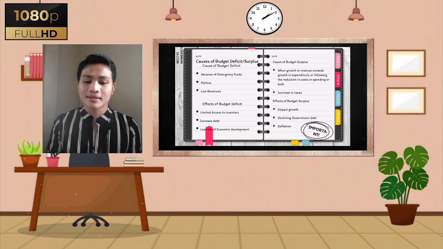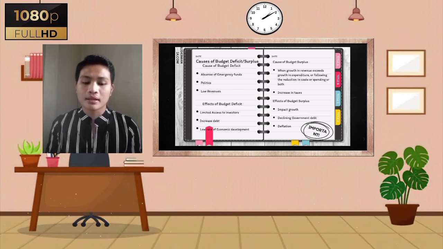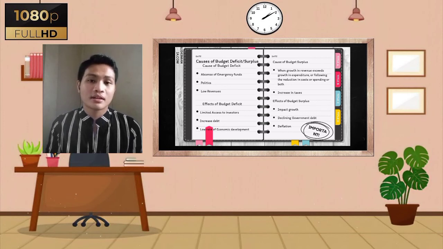Next are the causes of a budget surplus. First, when growth in revenue exceeds growth in expenditure, or following the reduction in cost or spending, or both. And second is increase in taxes. Of course, this is a major example of budget surplus.